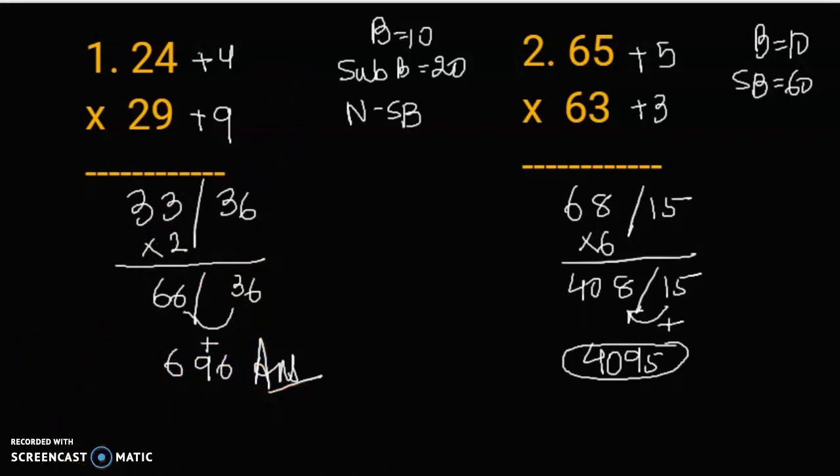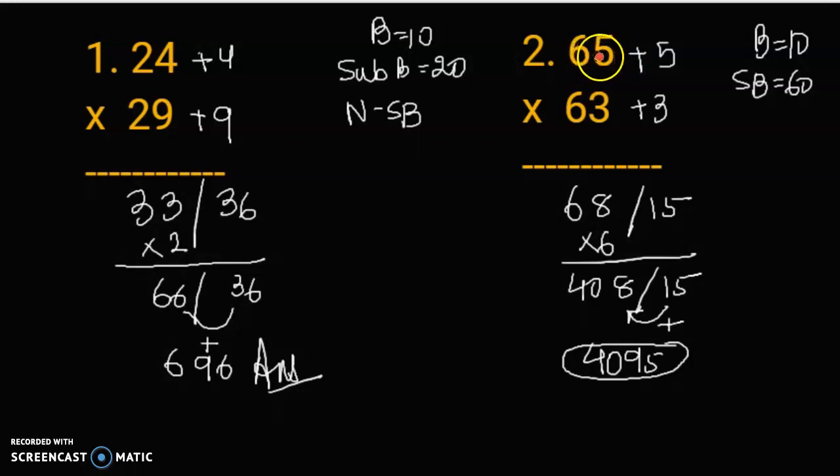Let us take a look at a few more examples. In example 2, we have 65 times 63. We can see these numbers are close to 60. Sub-base in this case is 60, and our base is 10.